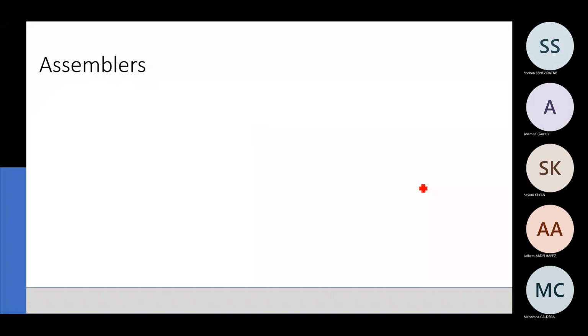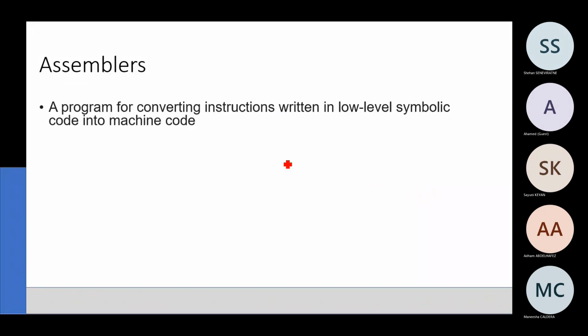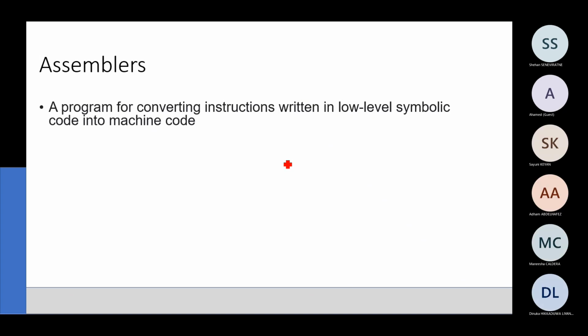Right, assemblers. Now we'll start our discussion with assemblers, why they work, and what job role they play in our context. An assembler is a program for converting instructions written in low-level symbolic language code into machine code.